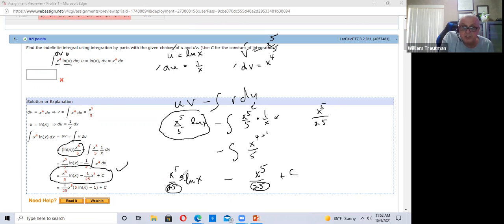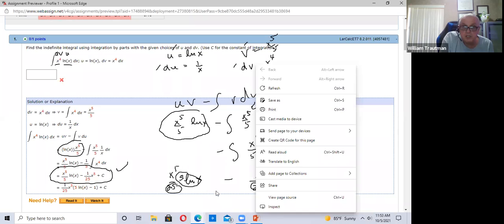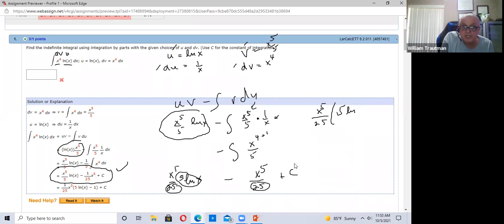And when they do that, they're left with 5 natural log x. And when we take x^5 over 25 out of there, we're just left with a 1.